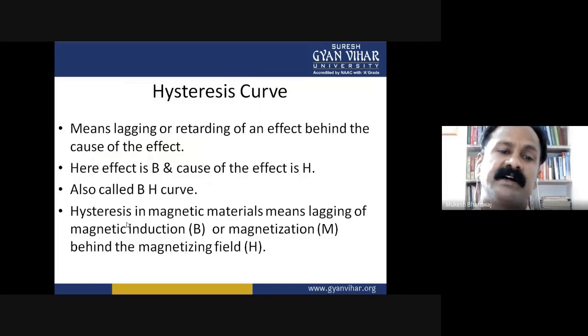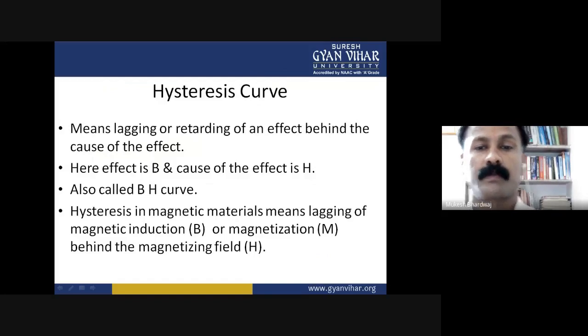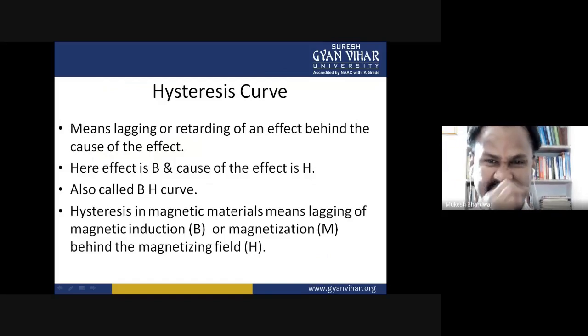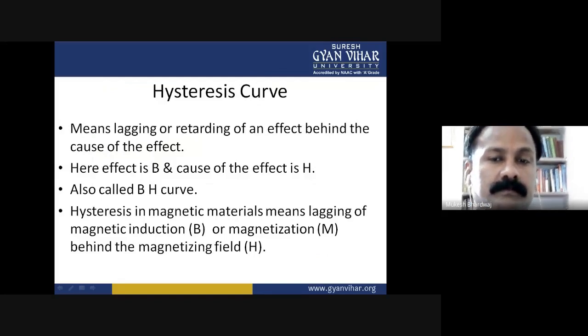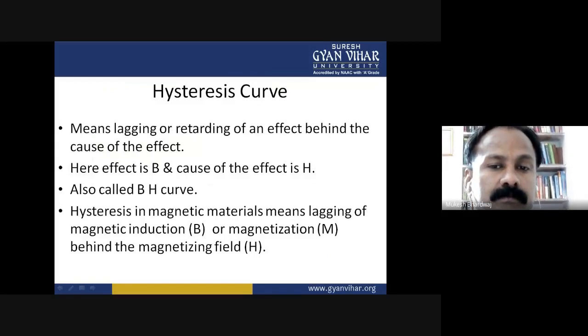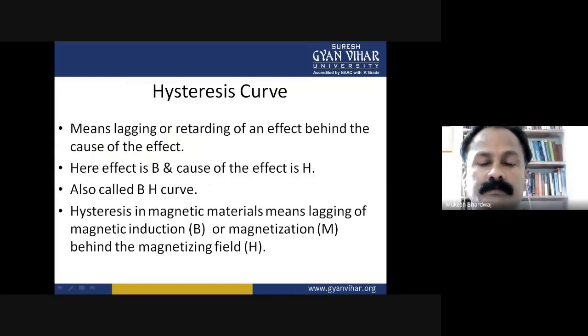The hysteresis curve. Hysteresis means lagging or retarding of an effect behind the cause of the effect.